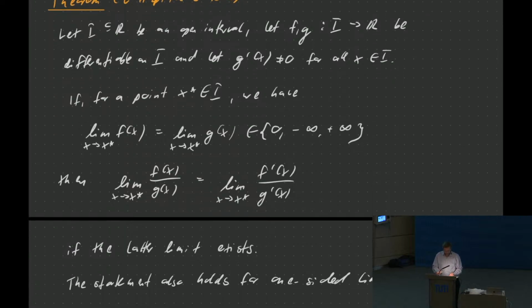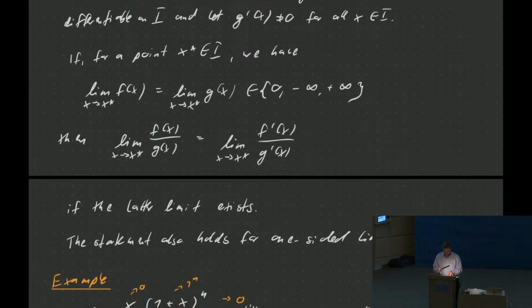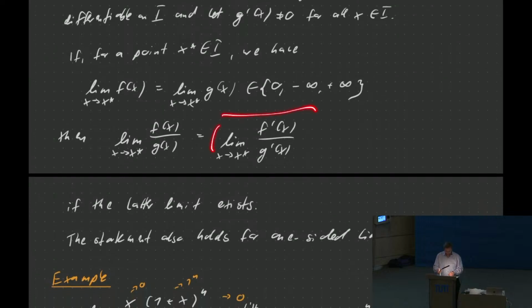And you can do that under two conditions. First, those two limits are either both 0 or both plus or minus infinity. Plus and minus infinity are interchangeable because you can always factor out a minus. Of course, the functions need to be differentiable, and that new limit needs to exist.